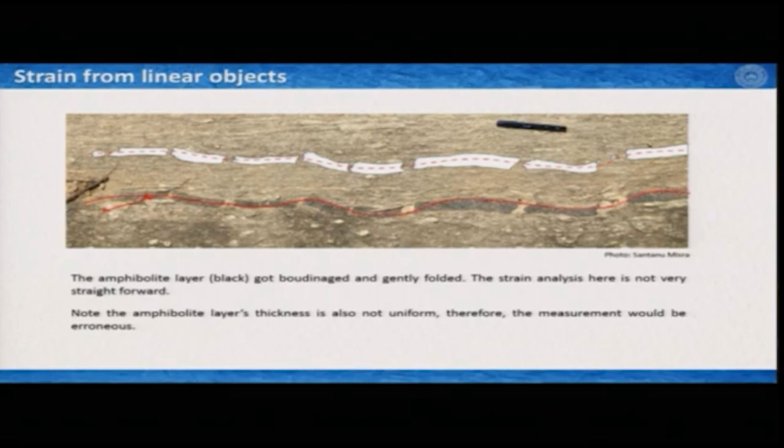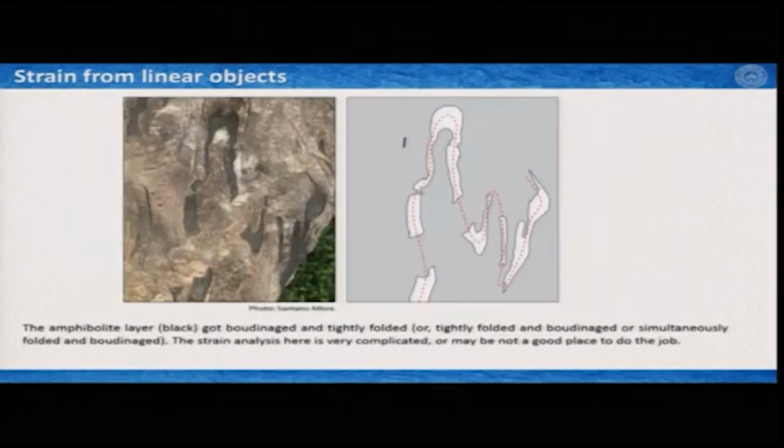That means it also got folded, the layer is not straight the way we have seen in the previous slide. So if you try to do measurement out of this, it is difficult. First of all, it is not recommended, and if you do, then you have to be very careful considering other factors.